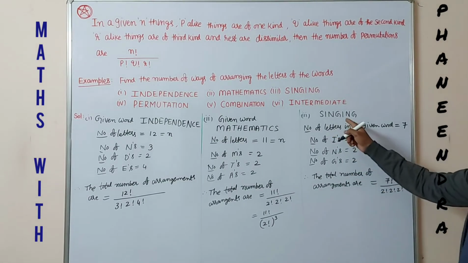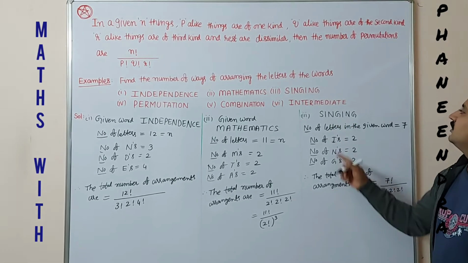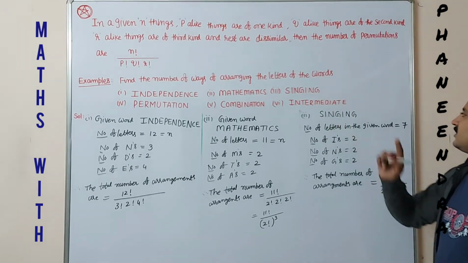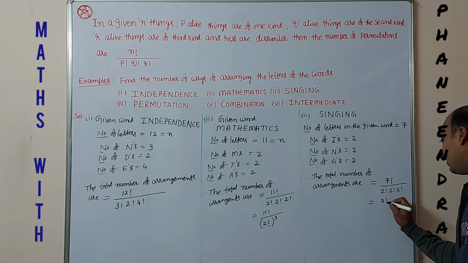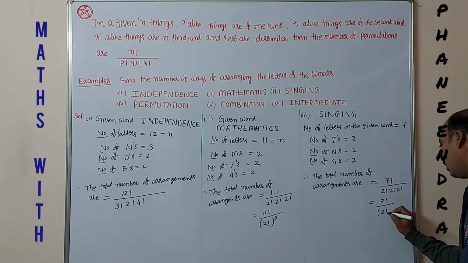So here total 7 are there, and only S is the single one. So 7 factorial divided by 2 factorial whole cube.